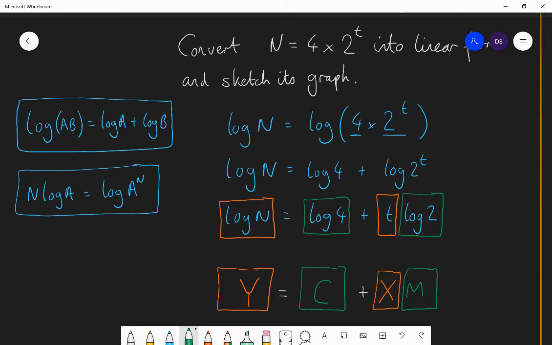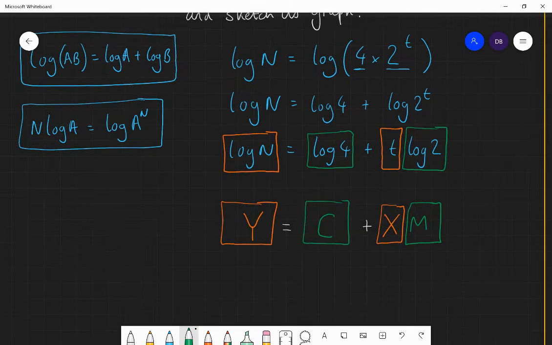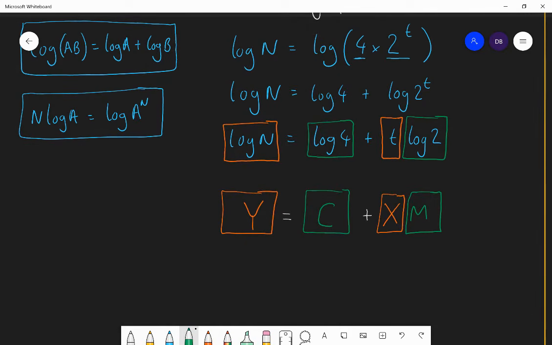So have a think. If I had to draw the graph of log n equals log 4 plus t log 2, what would the y-intercept be? What would the gradient be? How could I draw this on a graph? Your y-axis is now the log n axis because these two match up.